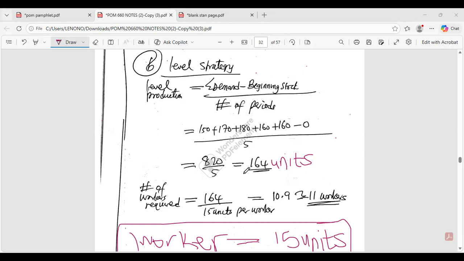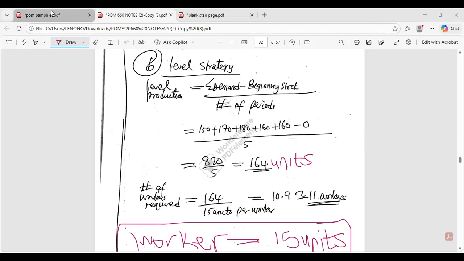You first find your production units by using that formula. If you remember that other small table in the question, we were given demand, and we were given inventory, which was 0.